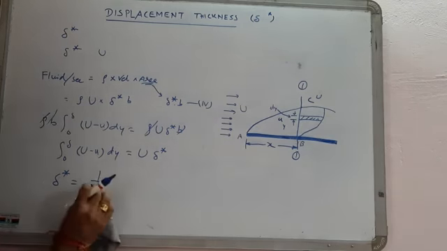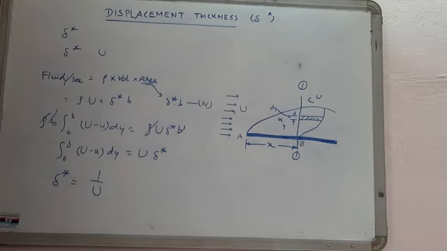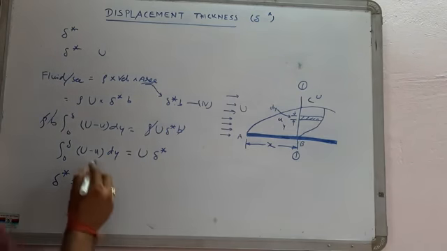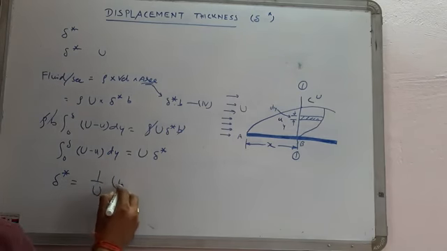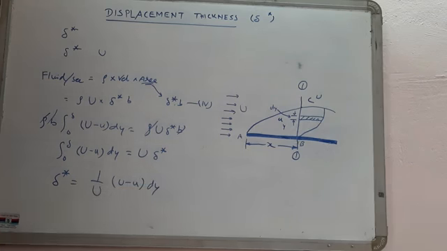This is capital U, 1 by U here, (U minus u) dy, integration from 0 to del.